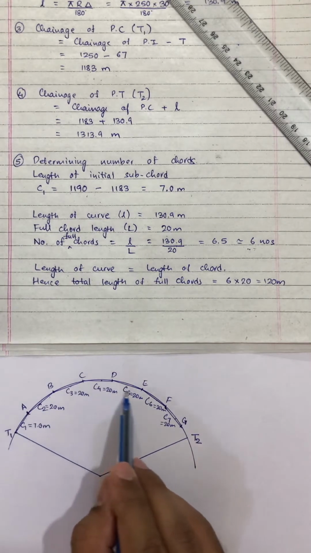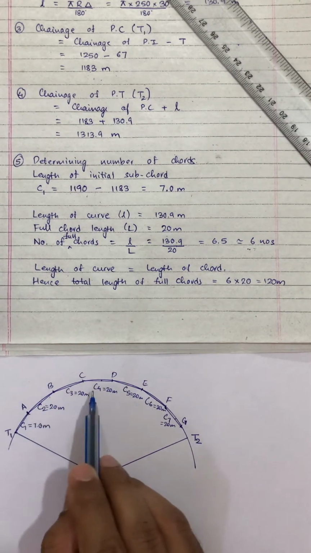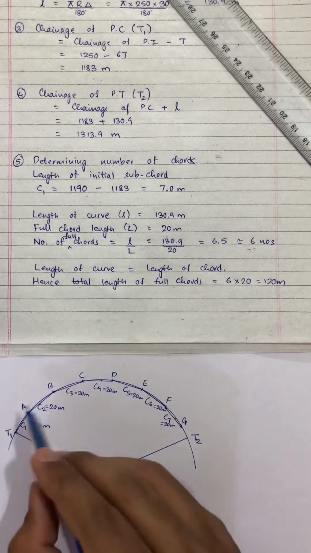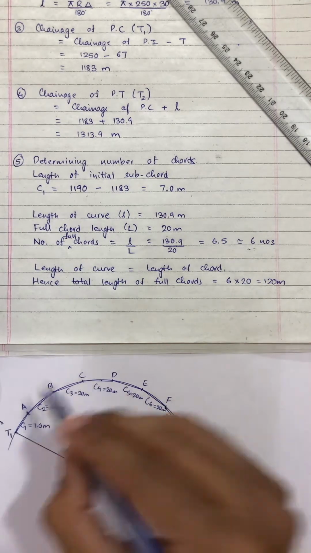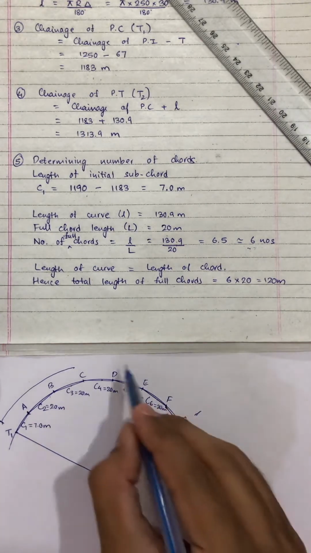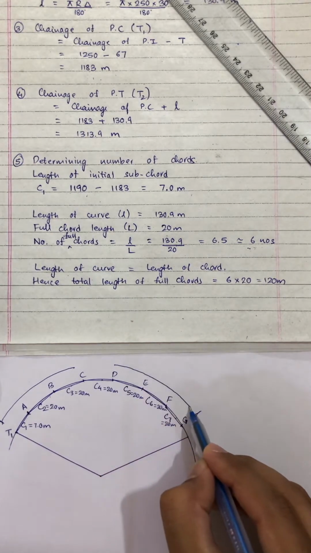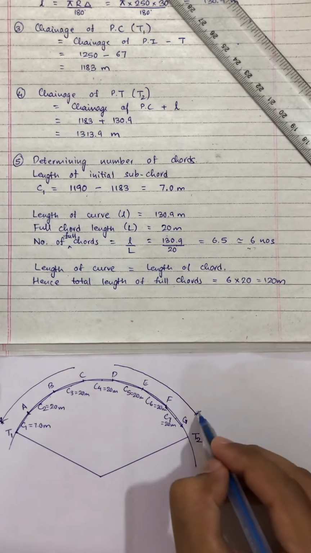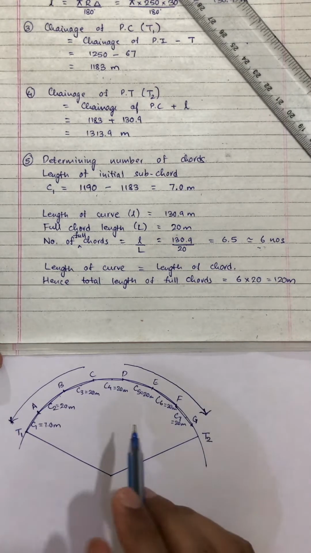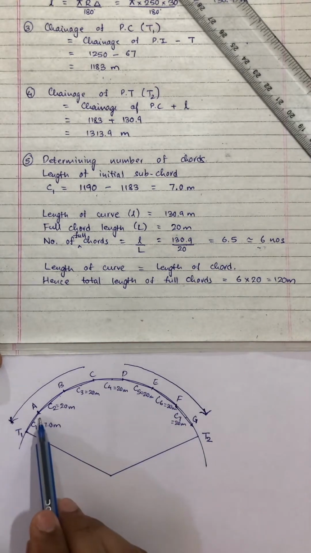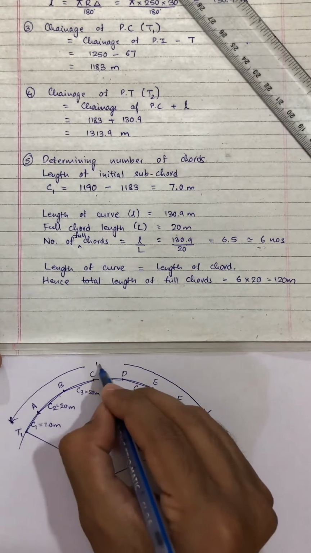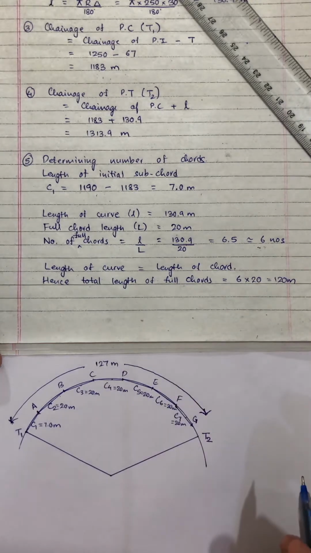So from T1 till this point G, what is the length of the curve that we got? From T1 to G, this is 7, and from A to G it is 120. So this came out to 127 meters.